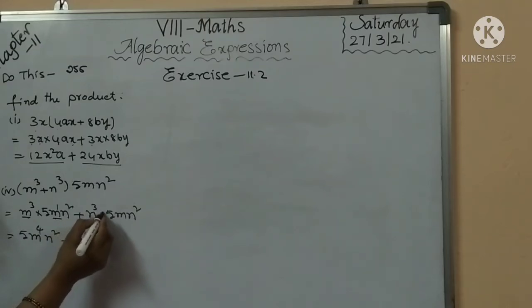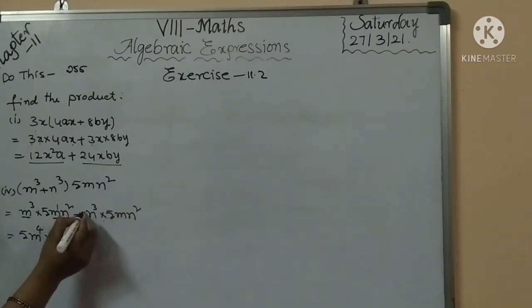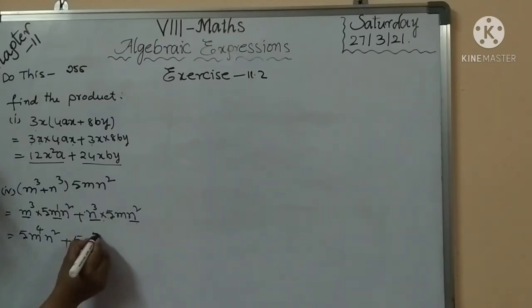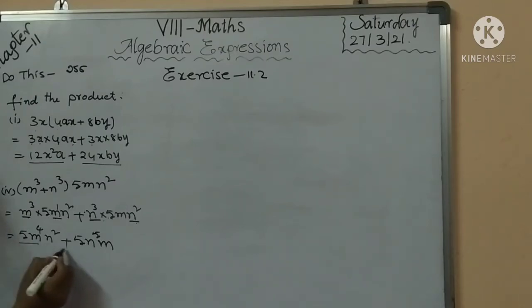Plus n cube into 5mn square. Here coefficient is 1, 5 ones are 5. n cube, here n square: bases are same, then exponents are adding, 3 plus 2, 5, into m. How many terms are there? 2 terms. So the product of the monomial and binomial will get a binomial.